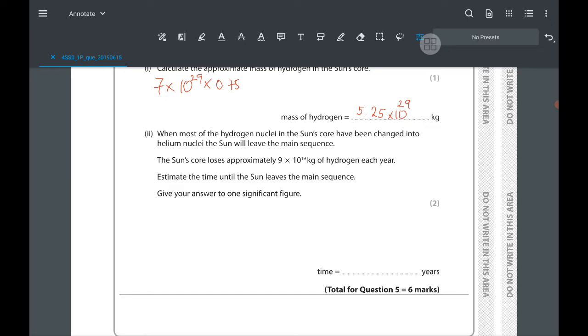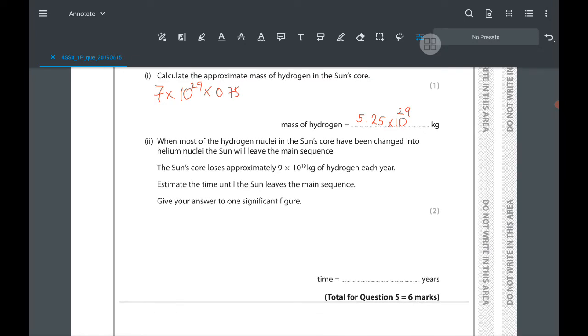Now, we can find out the time. We'll say time equals the total amount of hydrogen available, that is 5.25 × 10^29, divided by, within 1 year, this much hydrogen is burned out, 10^19 kilograms.